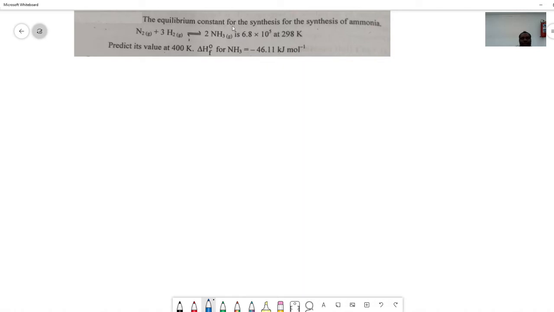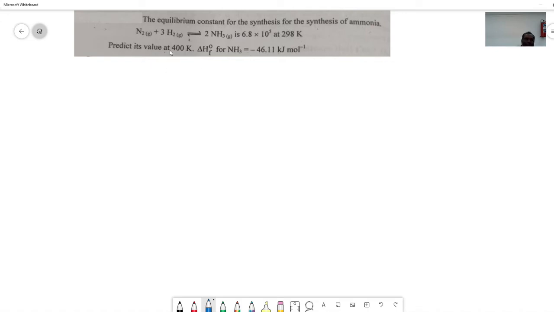The equilibrium constant for the synthesis of ammonia, N2 gas plus 3H2 gas in equilibrium with 2NH3, which again decomposes to form N2 as well as H2 gas, is 6.8 into 10 raised to 5 at 298 Kelvin.